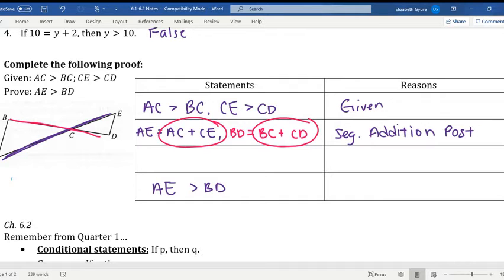So basically, because we've already done our segment addition, hopefully it'll be a little easier to see. We're basically going to take CE and add it on the left, and we're going to take CD and add it on the right. Because if we're adding measurements on either side there, it'll still stay greater than.